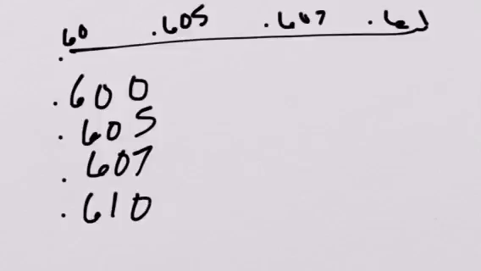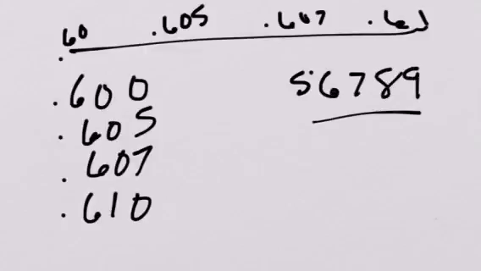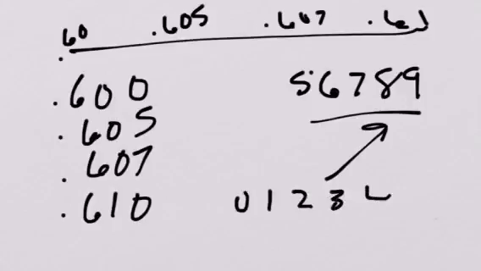Okay. And now we could say, what are our rules for rounding decimals? If a number is 5, 6, 7, 8, or 9, we're going to round up. If it's 0, 1, 2, 3, or 4, we're going to round down.